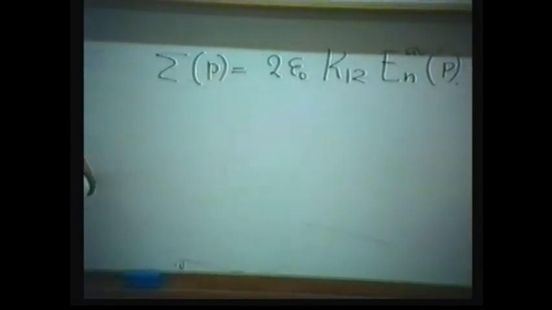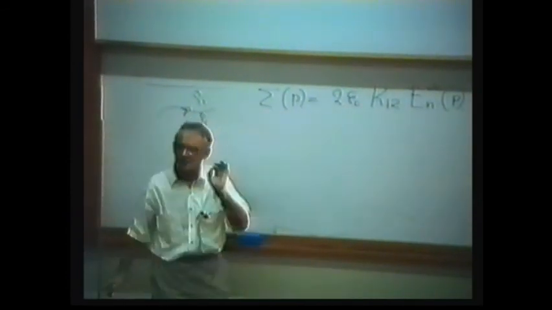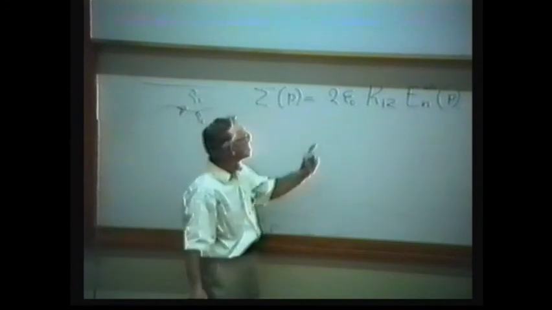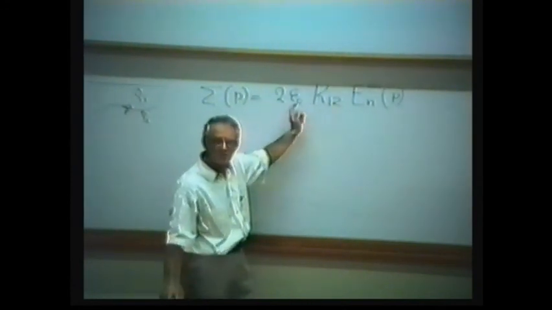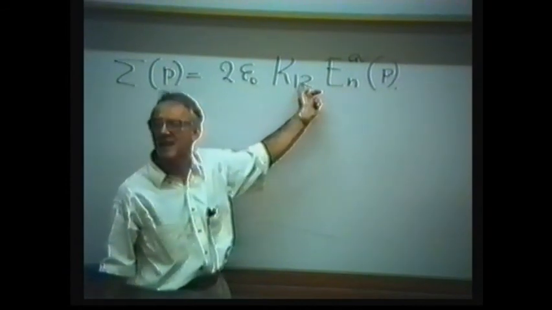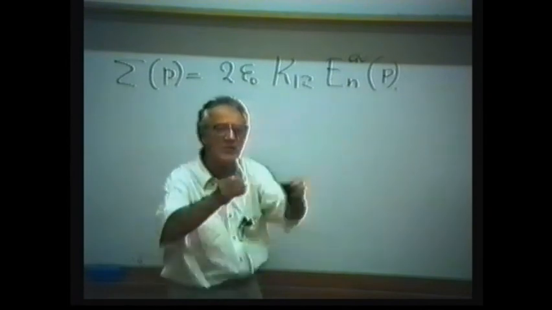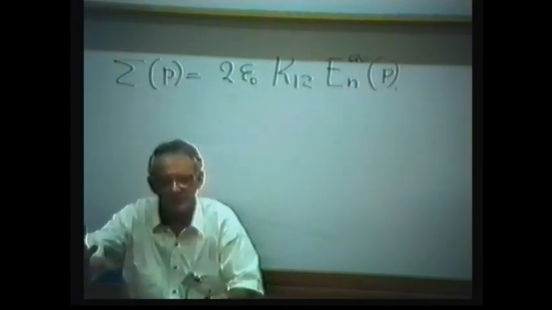So if it's a point P, in the vicinity of this point, a surface charge arises, which is equal to a constant, a very important electrical method coefficient, which has the name contrast coefficient, times the average value of the normal electrical field.